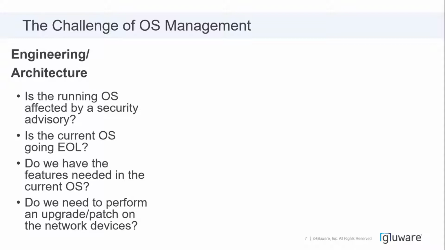The third is another key one that drives upgrades: in the current running operating system, do we have the features we need that the business is demanding? I'll give you a quick example. We help customers automate network admission control, or NAC. If you saw our November webinar, we highlighted a feature where we automated NAC, so you can go check that out. But with NAC, it's running a protocol called 802.1x, and so the underlying operating system has to support that protocol.